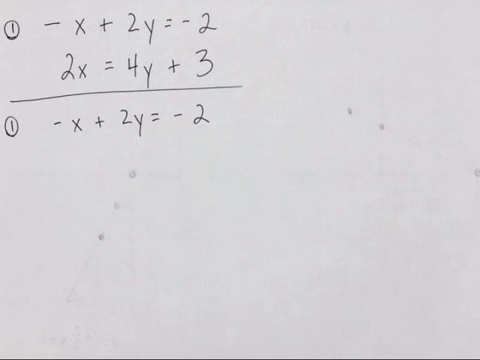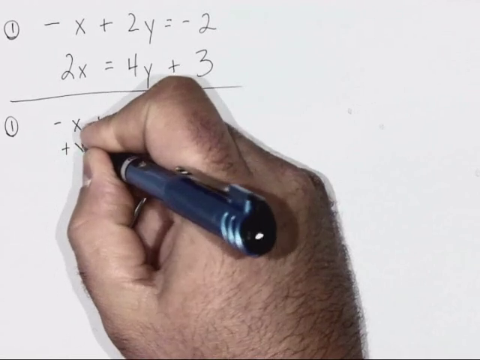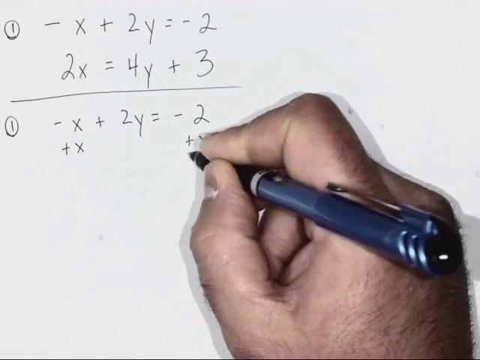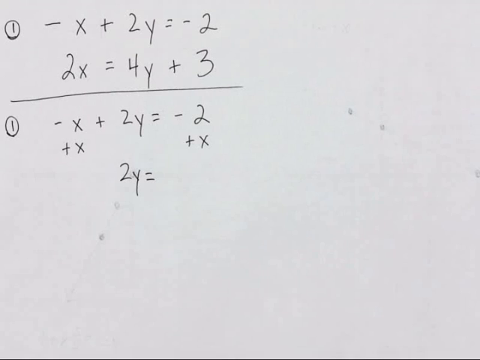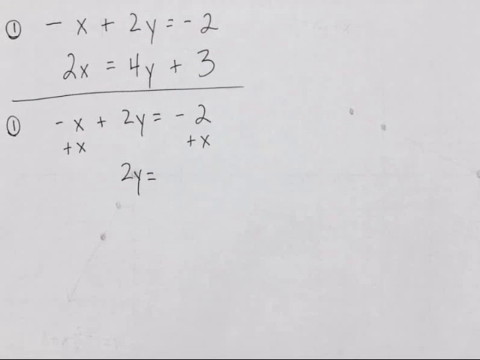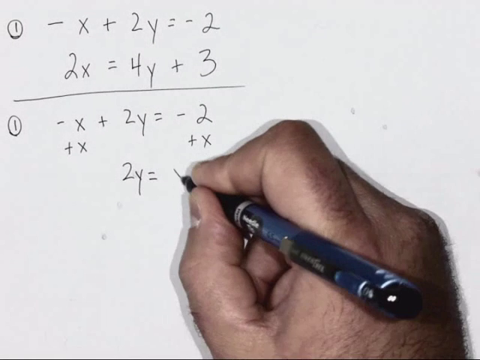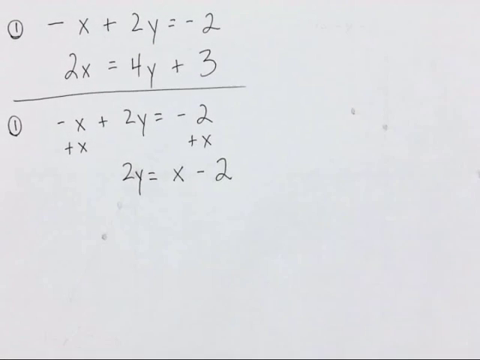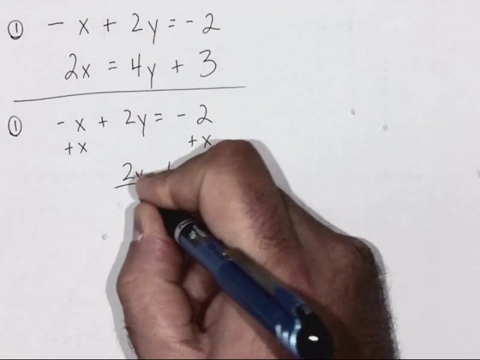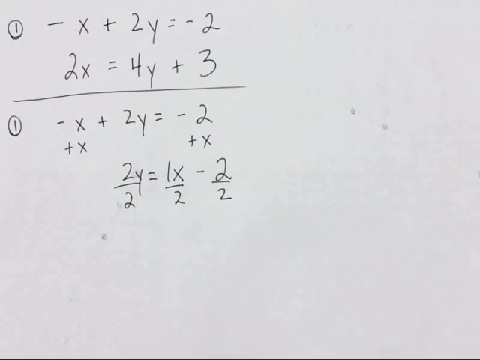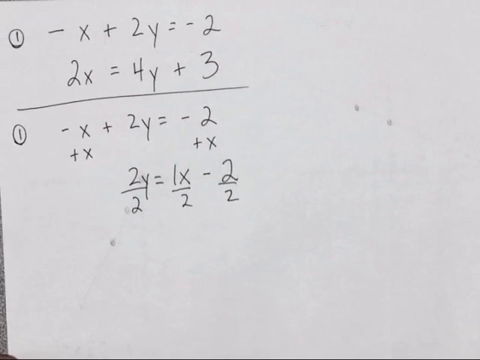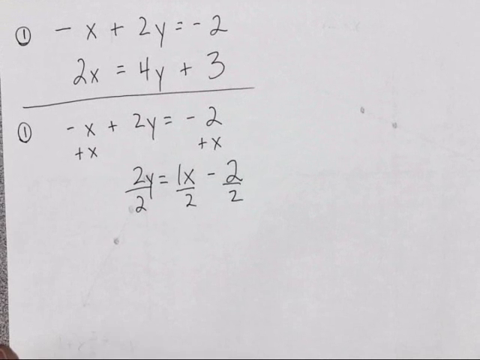So to do that, I'm going to add x, and of course x and negative 2 are not like terms, they're not going to combine. I'm going to write the x first, and that's a 1x. Then I'm going to divide by 2 to get y completely isolated, and be sure to divide everything by 2. That way the equation stays balanced.